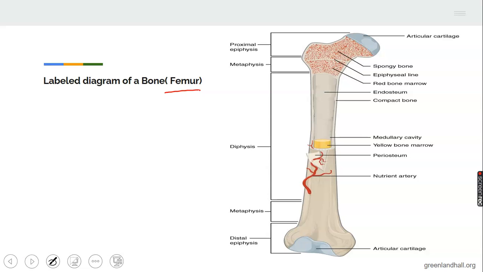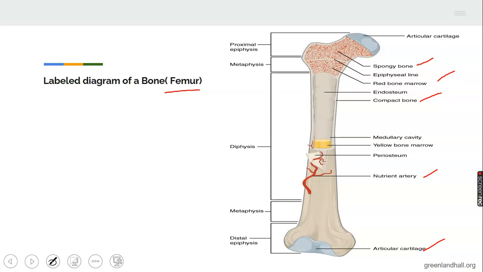We can see from that diagram, the femur has a nutrient artery. It has articular cartilage, that is where it joins the upper bone there. It has a spongy bone, found in the red bone marrow, you can see it there. It is compact, that is the compact part of the bone.